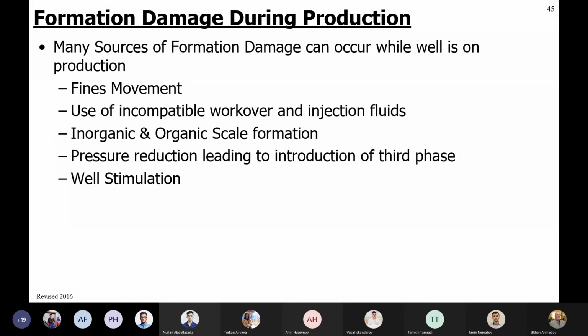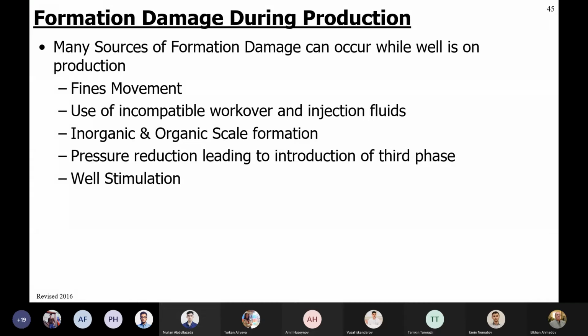Depending on the viscosity of the moving fluids or reservoir fluids, we may have forces that exceed the dragging forces and detach the fines, small sand particles, from their original point, and those fines will start moving, will be mobile inside of the pore space, and at narrow pore throats they will be collected and bridging the flow passes.